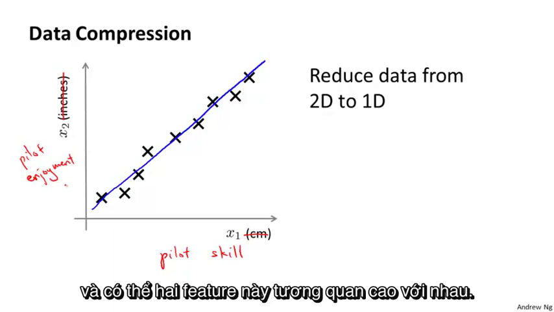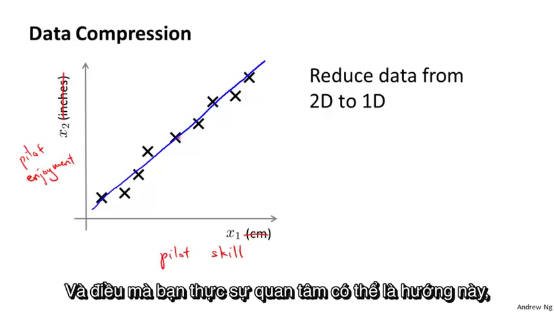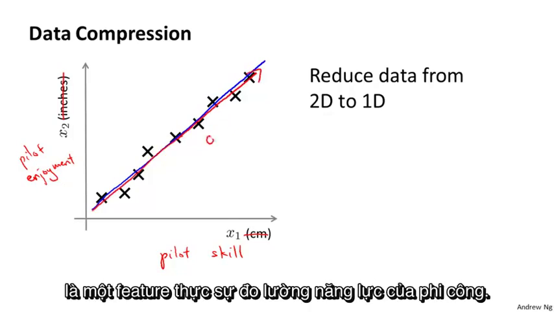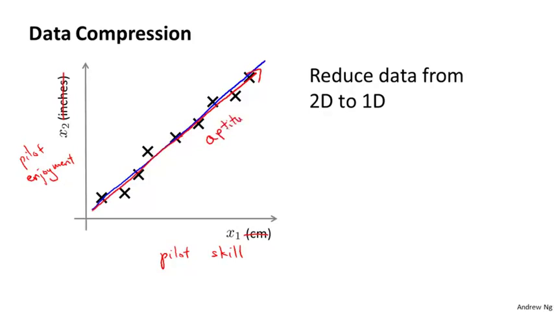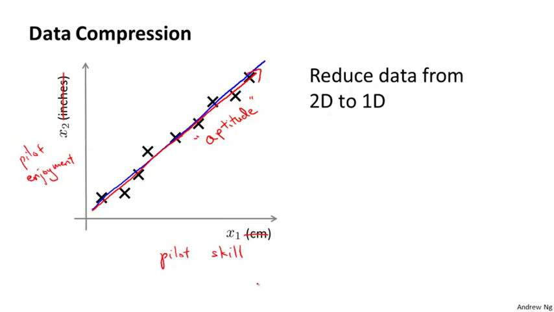These two features will be highly correlated. And what you really care about might be this direction, a different feature that really measures pilot aptitude. I'm making up the name aptitude, of course, but again, if you have highly correlated features, maybe you really want to reduce the dimension.